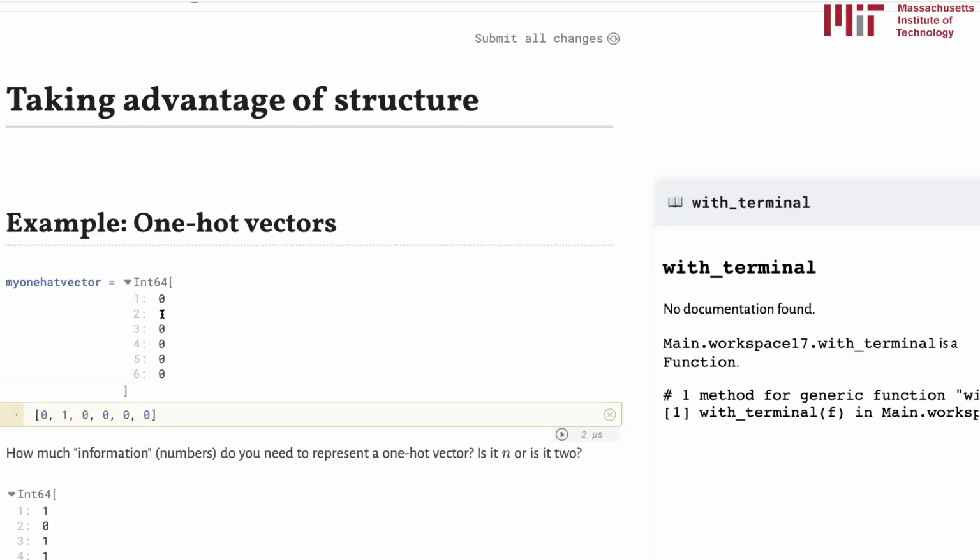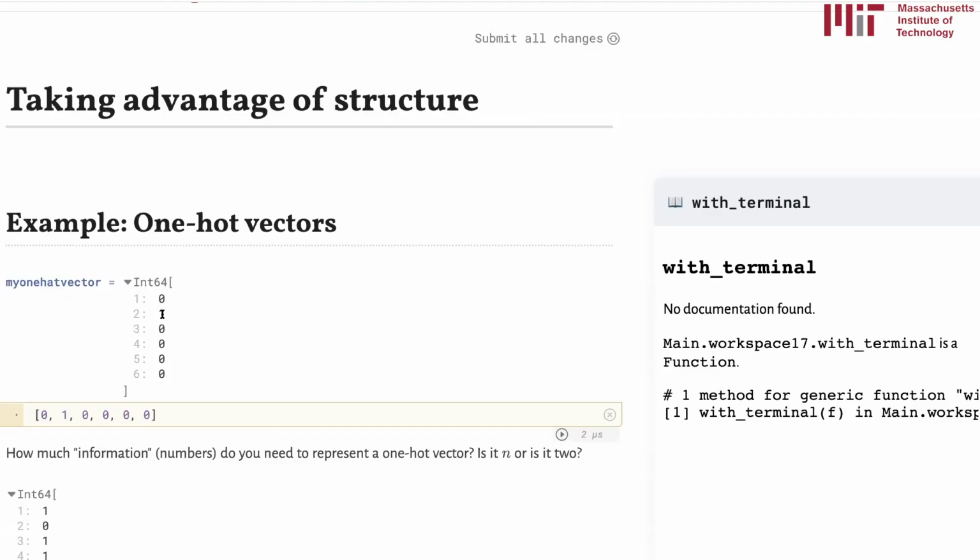So if you look at this, you'll say, well, okay, there are 6 numbers here. But maybe I don't really need to store 6 numbers. Maybe I can just somehow store 2 numbers. And you'd be right if you thought about it that way.